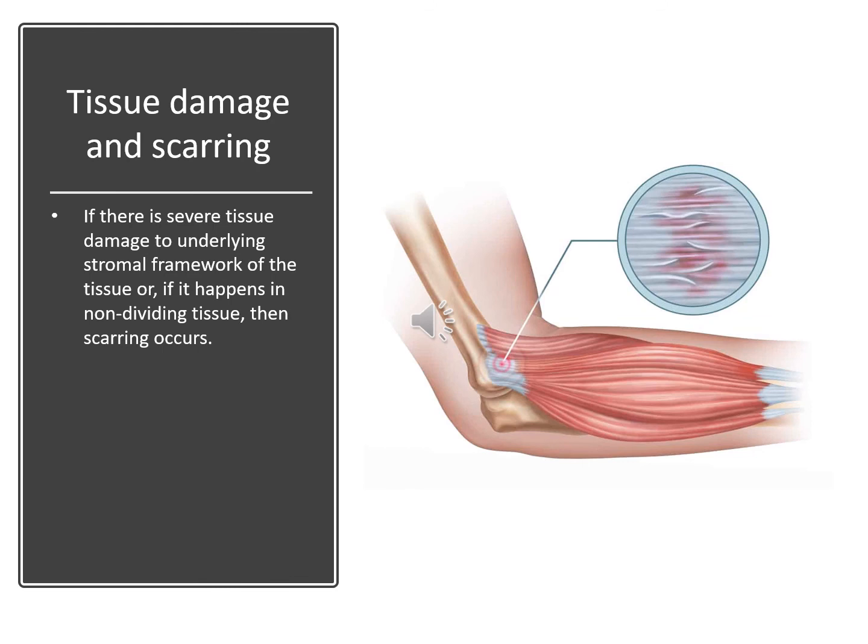Here's a nice image, if you want to call it that, of some tissue damage and scarring that's happened in someone who has had an injury. You can see where the injury is, right on the tendon and ligament area that's attached to the bone and the muscle. If there's severe tissue damage to the underlying framework, and it happens in non-dividing tissue, that's where we get the scarring.